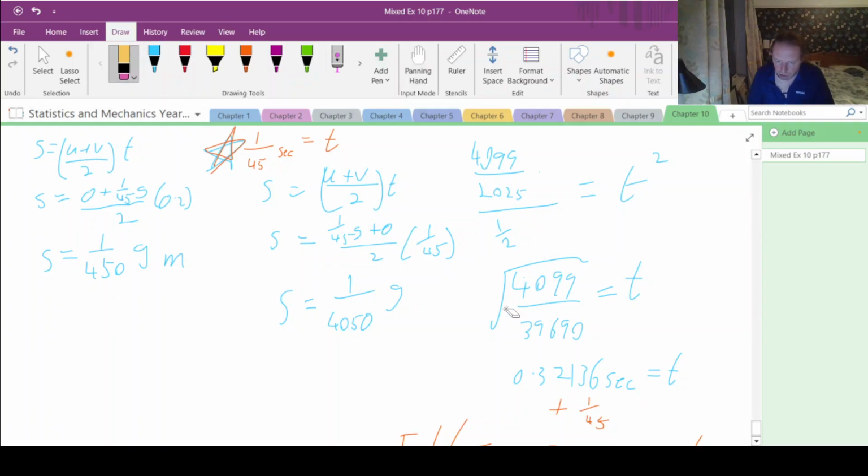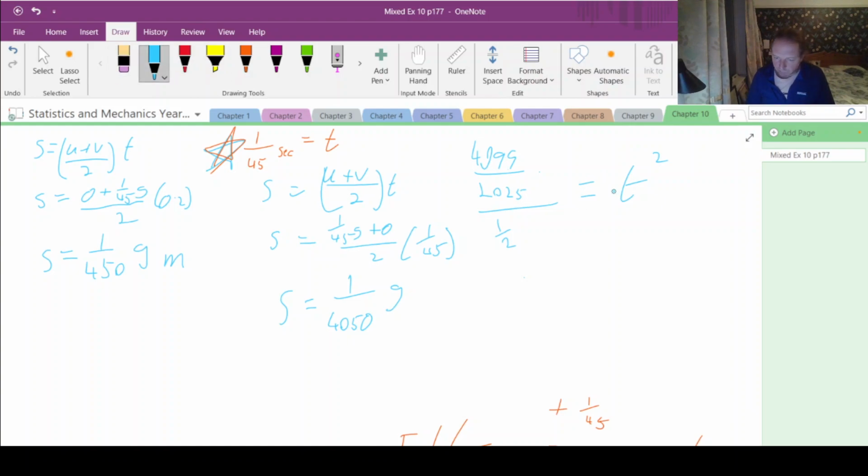I'll leave the plus bit down there. So I'm going to divide by a half or multiply by 2. Don't forget the g is in there. So taking that and multiplying it by 2, you get 8198 over 2025, which I am then going to divide by g to give me t squared.